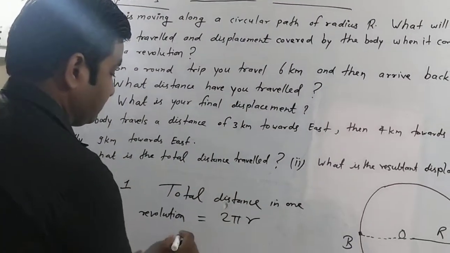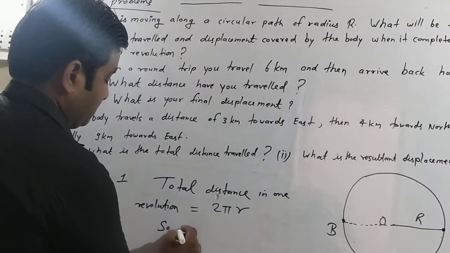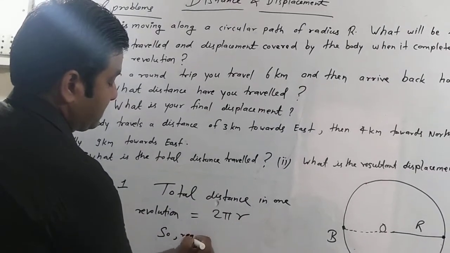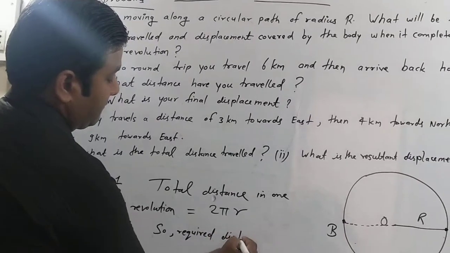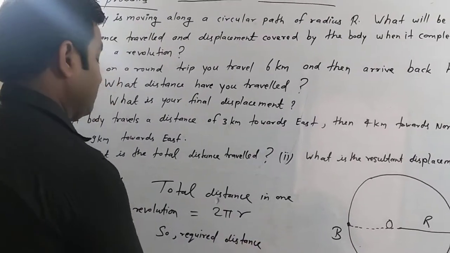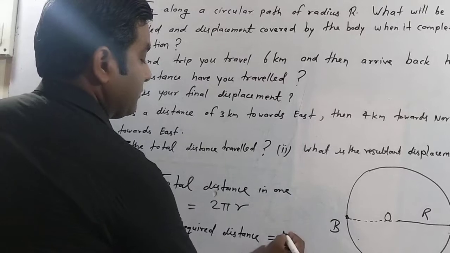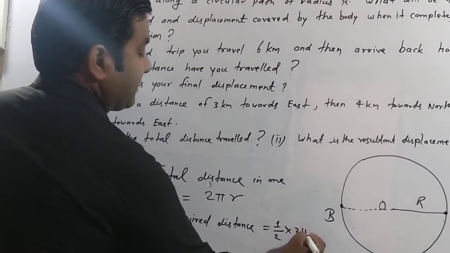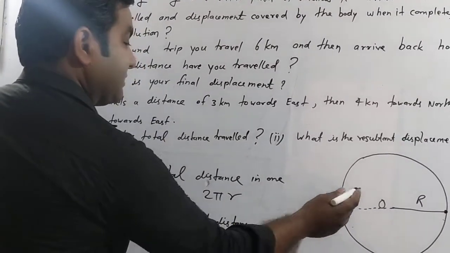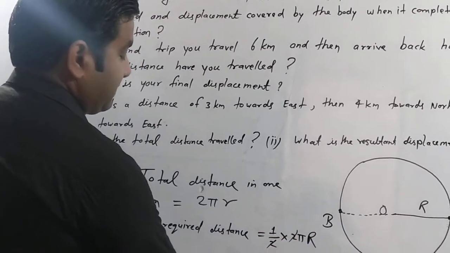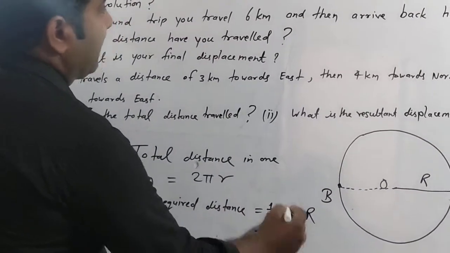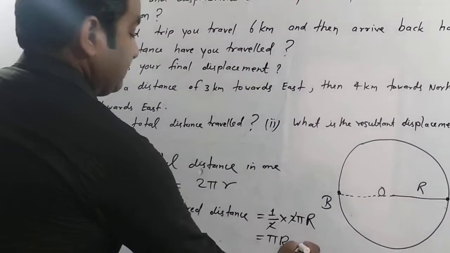So required distance equal to 1 upon 2 into 2 pi r. Radius here capital R, so we use capital R. Then 2 to cancel, that is equal to pi r unit.